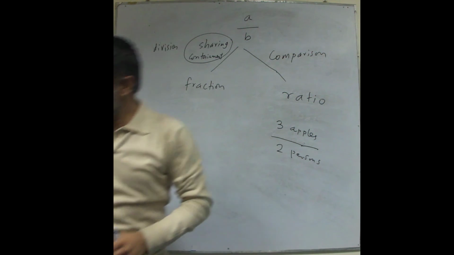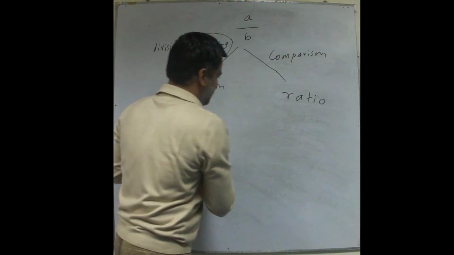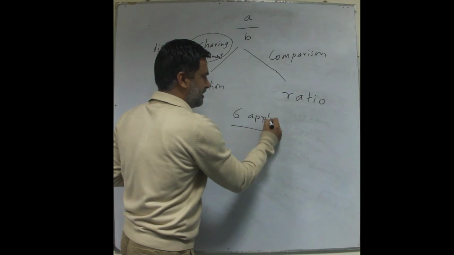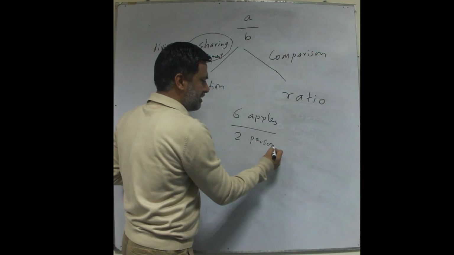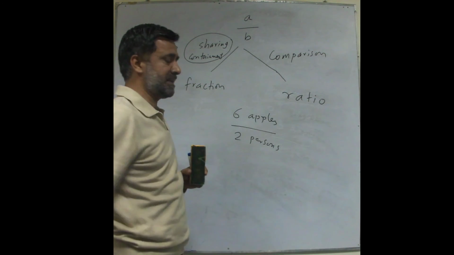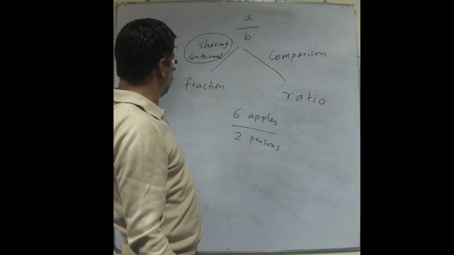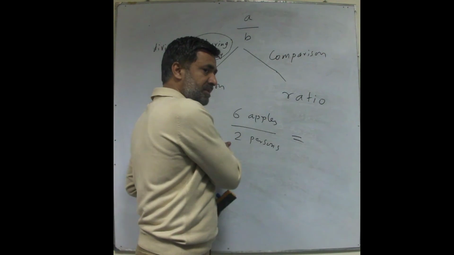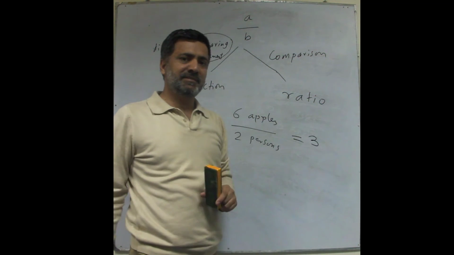And if I make these numbers nice, if I now say 6 apples and 2 persons, and I see this just as a comparison, I'm comparing 6 apples to 2 persons. But if I now invoke that interpretation as well, because I know 6 over 2 is 3, now what is that 3?